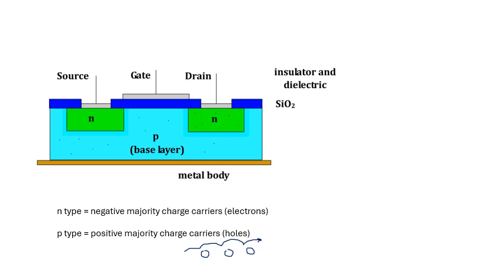So you've got a metal body, a piece of metal, a metal base. You've got a layer of P-type attached to it. Then we have two bits of N-type. Then we have a layer of insulating material, I beg your pardon, and that's my silicon dioxide layer.